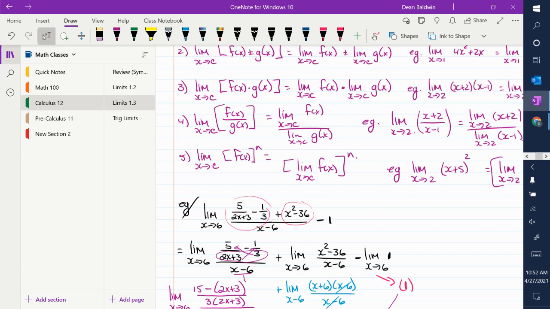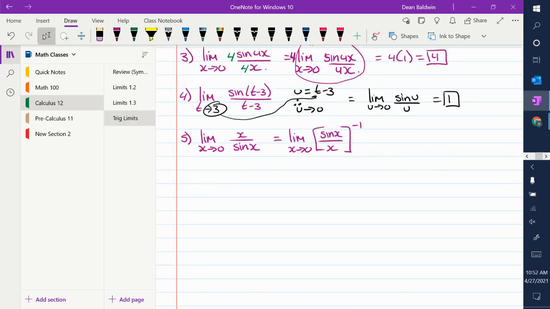So that's what I can do here: the limit as x goes to 0 of sine x over x, to the negative 1. The whole thing. So what's the limit as x goes to 0 of sine x over x? 1. What's 1 to the negative 1? 1. Okay?